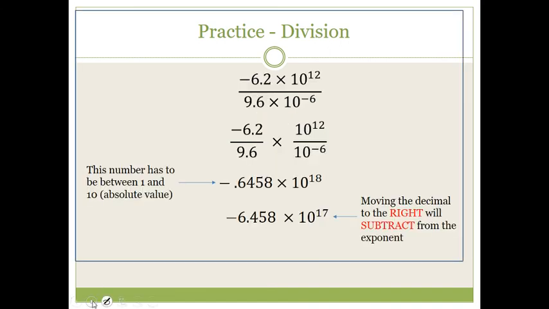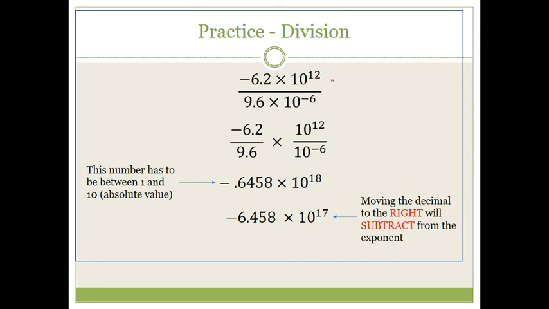In this example, we're going to start here. Suppose I had this, and I'm going to divide the numbers out in front. When I do that, a negative divided by a positive gives this negative decimal number here.